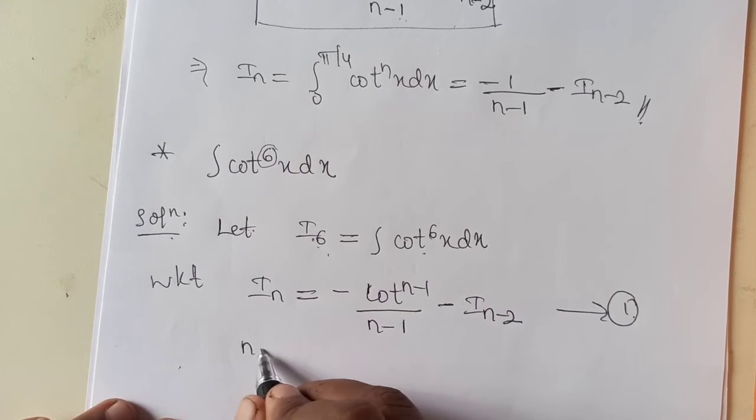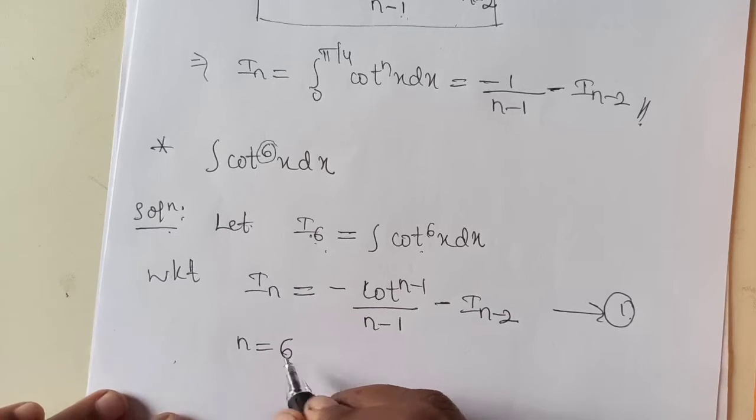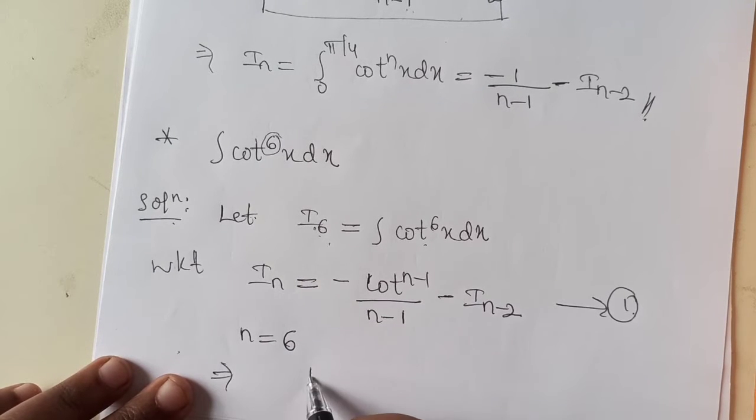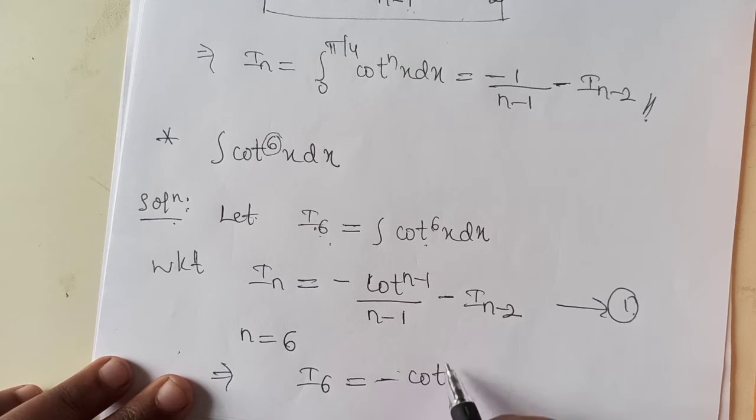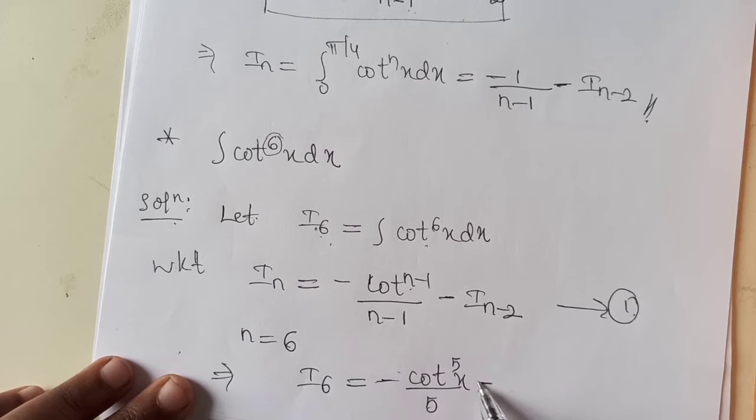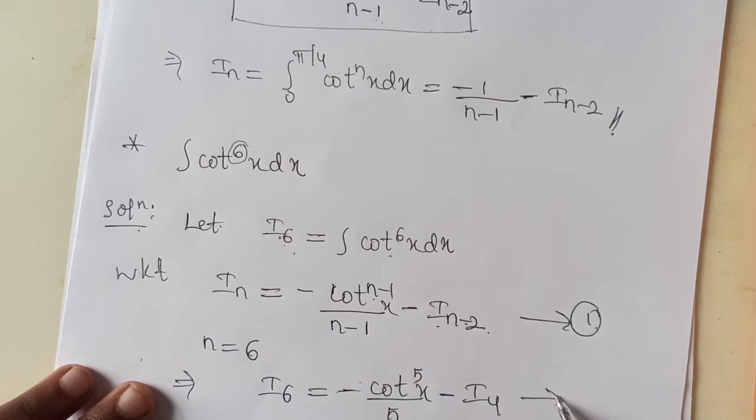So substituting n equals 6, we get the I_6 value. I_6 equals minus cot power 5x divided by 5, minus I_4. Consider this as equation 2.